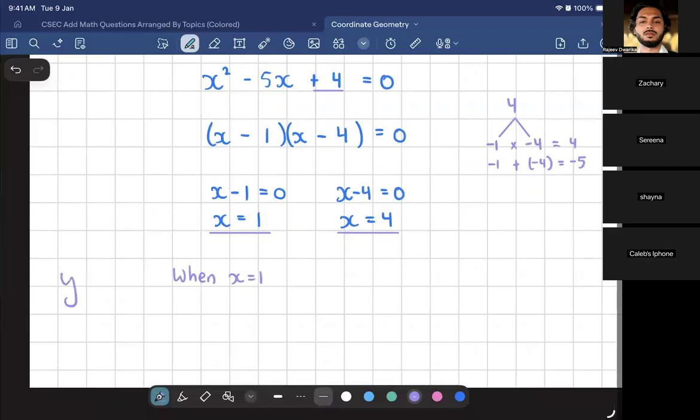All right, we know that y is equal to x minus 6. Bravo. So when x is equal to 1, y is equal to 1 minus 6, and y is going to be equal to what? Negative 5, sir. Perfect. Caleb, when x is equal to 4, how are we going to find y?